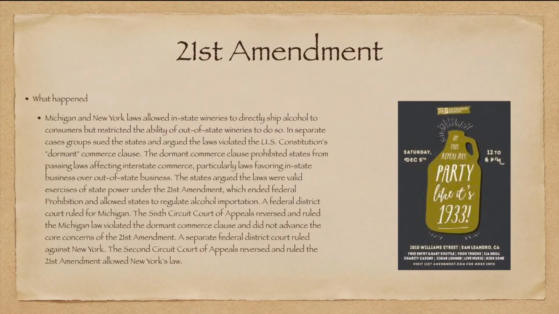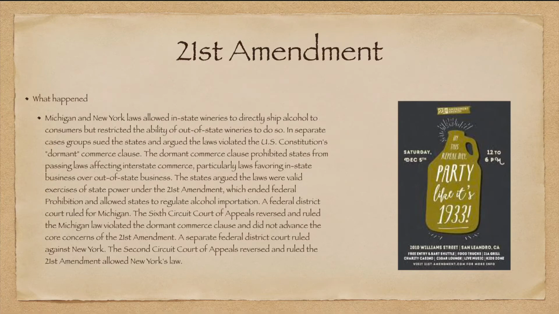What happened? Michigan and New York laws allowed in-state wineries to directly ship alcohol to consumers, but restricted the ability of out-of-state wineries to do so. In separate cases, groups sued the states and argued the laws violated the U.S. Constitution's Dormant Commerce Clause.